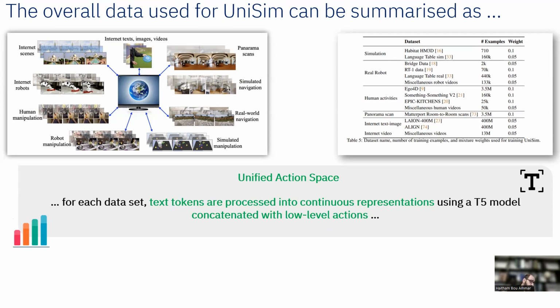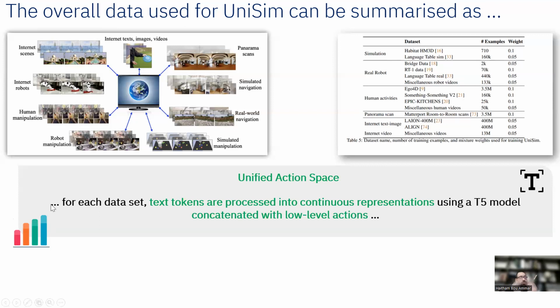So what they've done practically is they created a unified action space by considering text as my action. It could be a temporally extended action, whereby I have one description for a video and then I subsample that, in the case of Ego4D. Or if I have the textual action saying that the robot is picking something up, but I also have access to the end effector positions, then I embed the end effector positions via this binning idea, concatenate with the textual description, and then embed it in a T5 model.